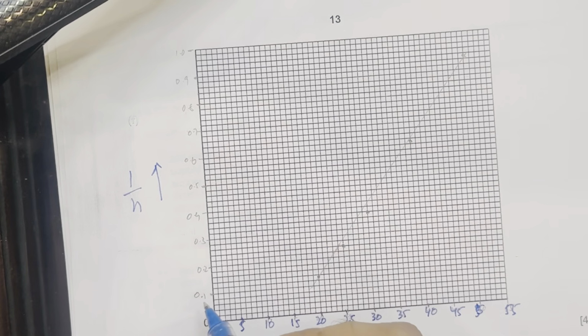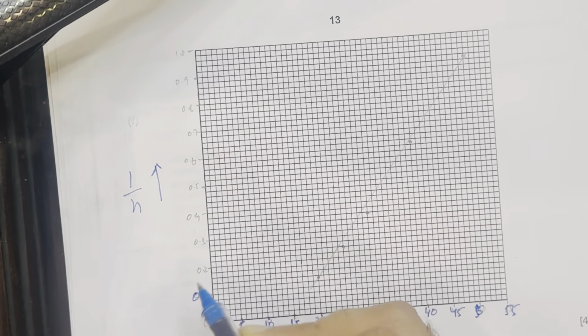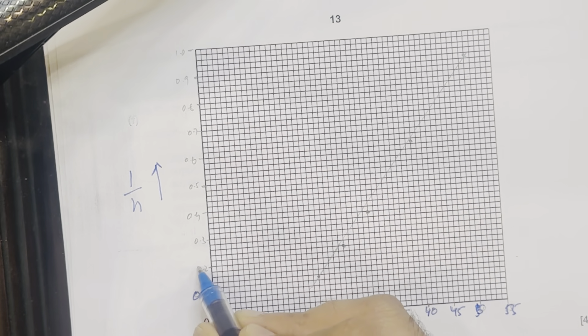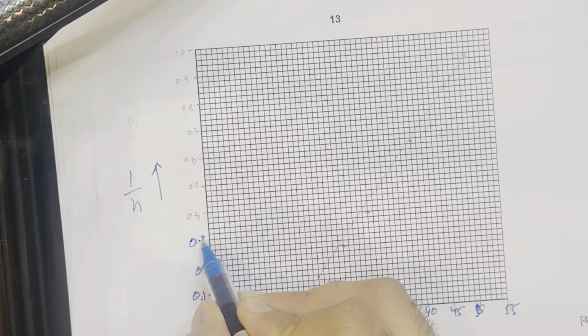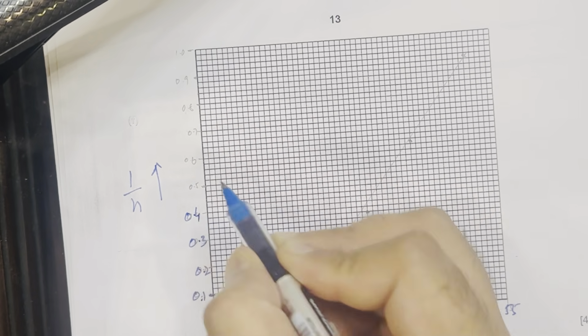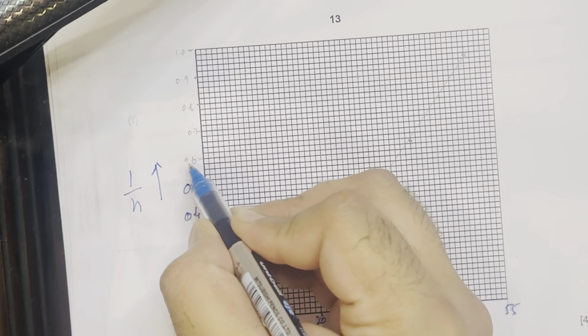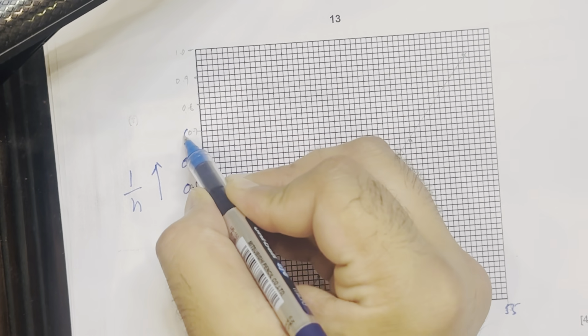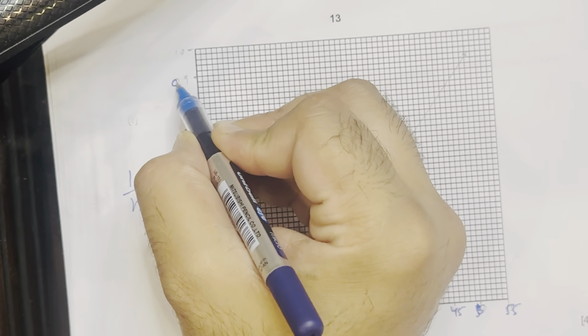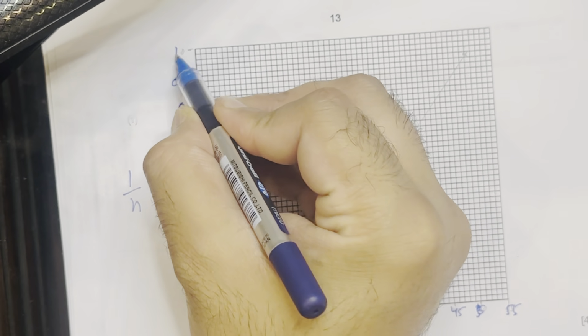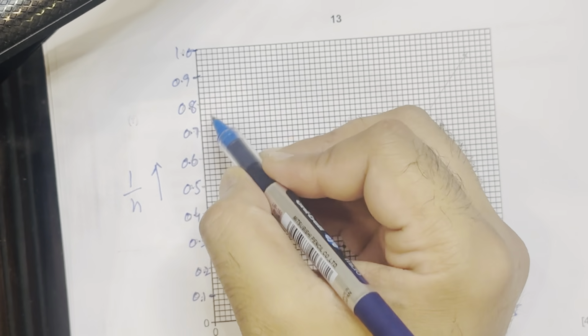On the y-axis, 0.1, 0.2, 0.3, 0.4, 0.5, 0.6, 0.7, 0.8, 0.9 and 1.0.